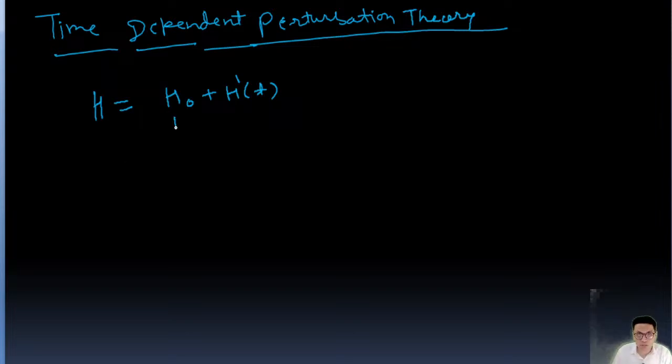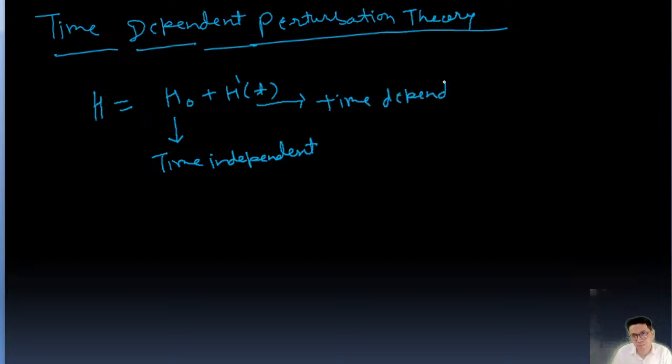This H naught is time independent, and this is H dash, which is a function of t, meaning this is time dependent. So here the H dash will depend on time, that is, the perturbation will depend on time.